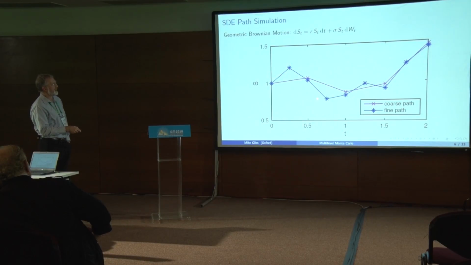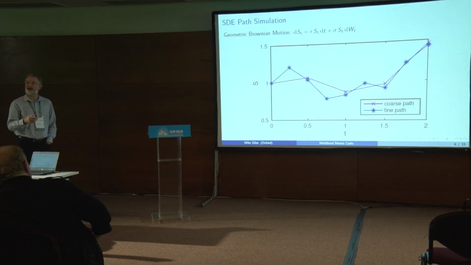And I've got two simulations here which are for the same underlying Brownian path, but a coarse path with large time steps, just 4 of them, and a fine path with twice as many time steps. And the key thing is, there's a lot of variation during each of the time steps, but overall, there's not a huge difference in the path values at the final time. Okay.